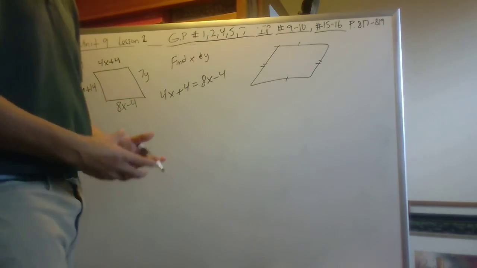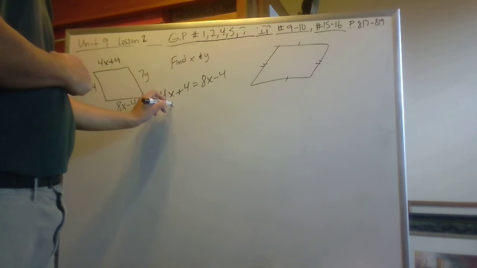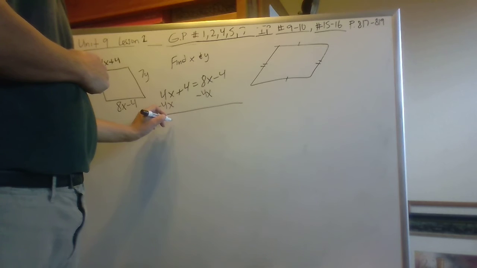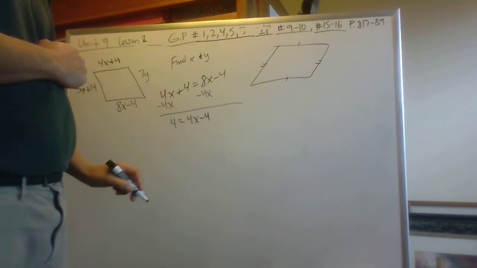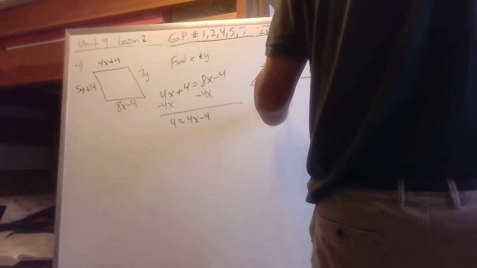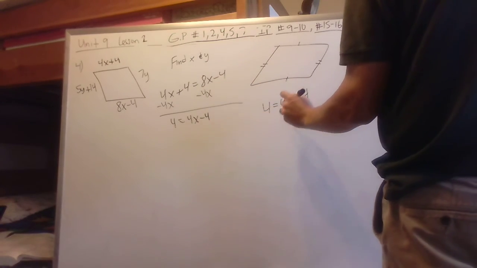So we want to get x on one side of the equation, or the equal sign. So I'm going to subtract 4x to the other side. And I'm going to get 4 equals 4x minus 4. And then finally, I'll just move it to the other location. Even though I like to deduct it in order, I just want you to see the full steps.